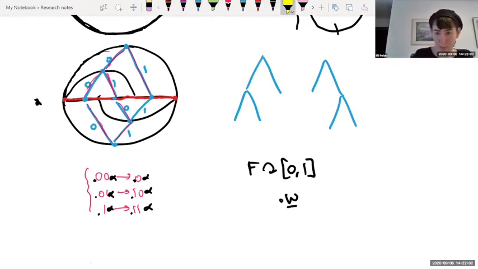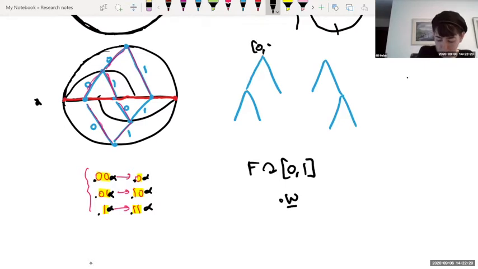So this function, right, if ω starts with a prefix 0, 0, then it replaces it by the prefix 0. If it starts with 0, 1, we replace it by 1, 0. And if it starts with 1, we replace it by 1, 1. Okay, and a slightly different description of the same function is if you have a finite binary tree, then it gives you a dyadic subdivision of the interval. Okay, so, sorry.